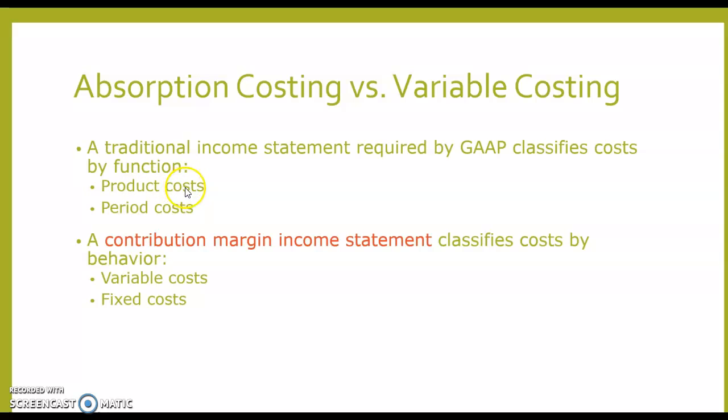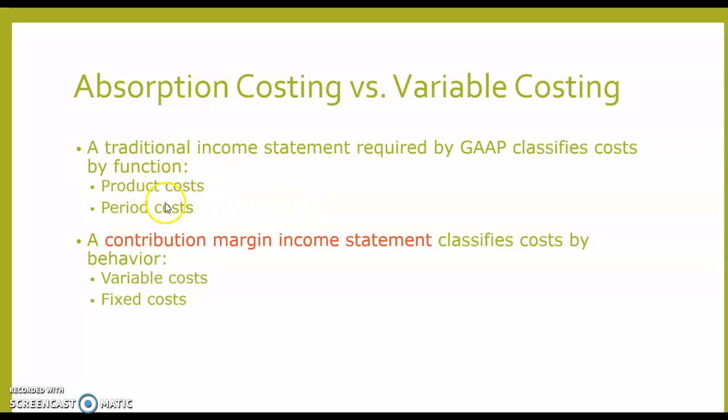Then the other costs that relate to the office are called period costs. They're not attached to a particular product, and they happened during the month of May or whatever, so we subtract them during that period.